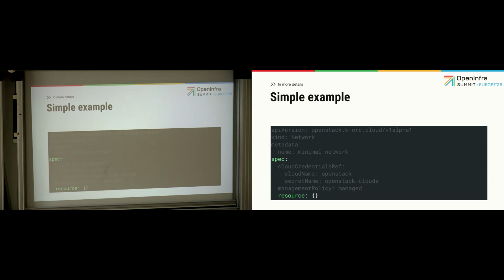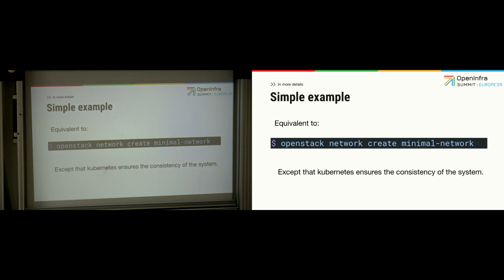And the resource spec here, you can see it's empty, and this is actually valid in ORC. This spec is valid because in this particular example, when you want to create a network in OpenStack, the only required field that you need to provide is the name of the network. And if you don't provide a name in the resource spec, we are going to use the name of the Kubernetes object.